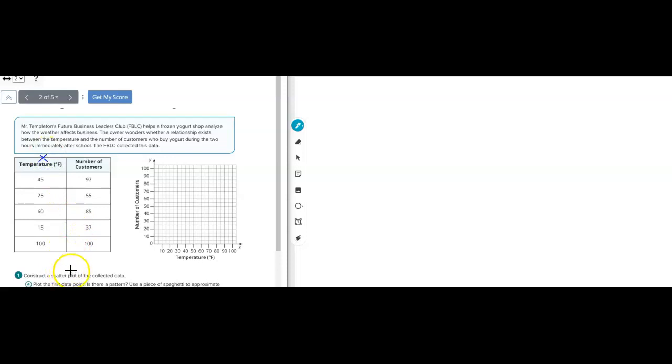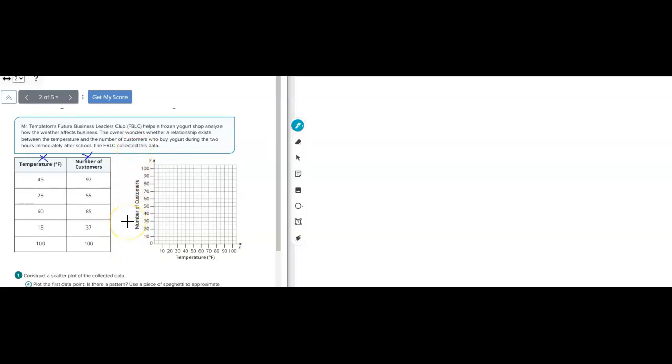It's also what we called, remember, in our very first unit, the independent variable. And then the number of customers is on the y-axis, your vertical axis. So this is your y coordinate. And this is what's called your dependent variable.